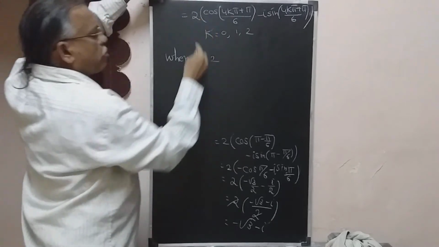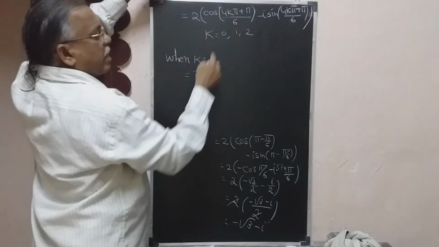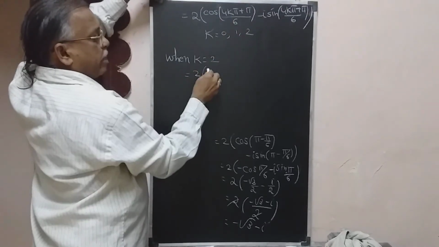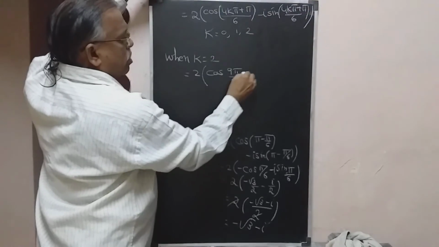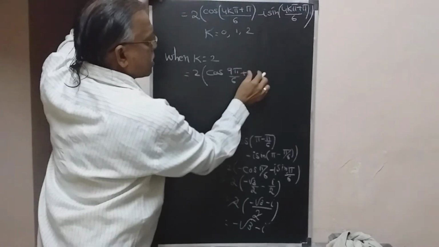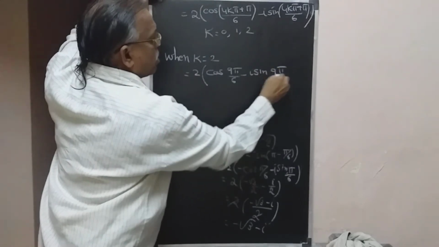So what is our third value? 2 into, here it is a 9 pi, because 4 into 2, 8 pi plus 5, cos 9 pi by 6 plus I, sorry, minus I sin, minus I sin 9 pi by 6.